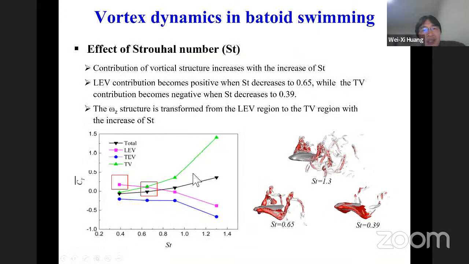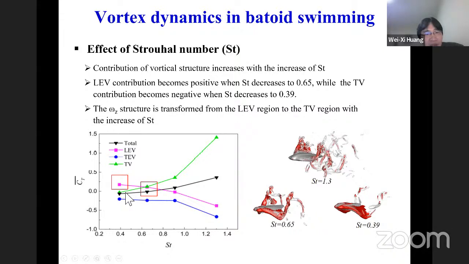This is the opposite to our traditional knowledge on the effect of the leading edge vortex. To see the reason, we check the swimming at different Stokes numbers. It is found that the difference is caused by the high Stokes number. At a low Stokes number, the leading edge vortex has a positive contribution to the thrust force, but the tip vortex has a negative contribution.